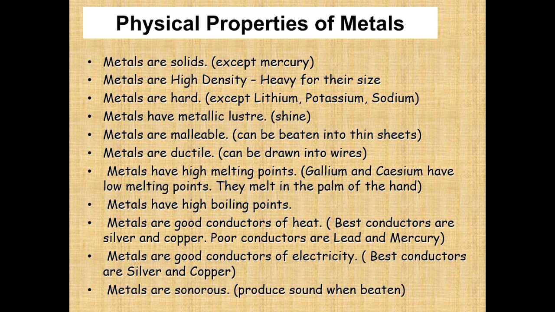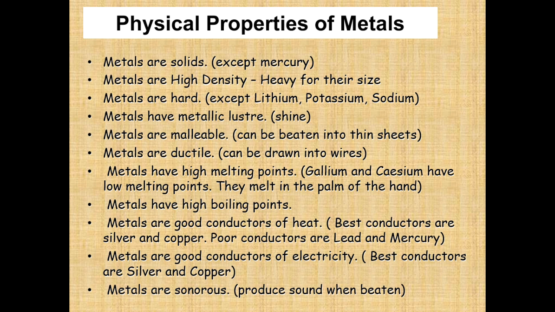Metals are hard. Metals have metallic luster, meaning metals generally give shine and brightness. Metals are malleable, meaning they can be beaten into thin sheets. Metals are ductile, meaning they can be drawn into very thin wires.